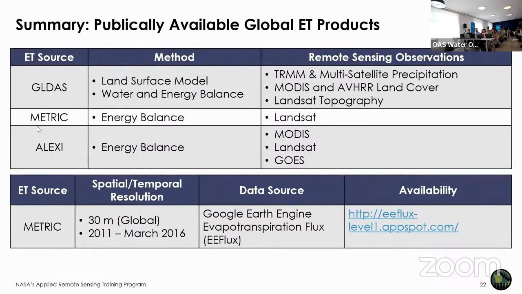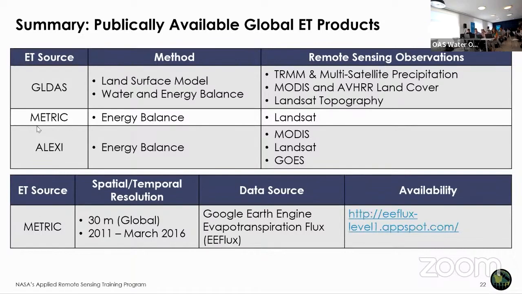But again, to do the full complex ET product, you can't really get to it necessarily from purely remote sensing alone without heavily parameterizing it. So that's why these are all really heavily model focused. And then on the Google Earth Engine, you have the METRIC system.